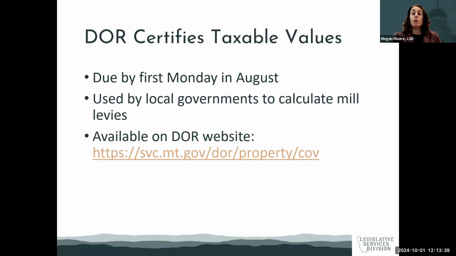And these are due to each taxing jurisdiction by the first Monday in August, and they use this amount to calculate their mill levies based on the dollars of revenue that they need to raise based on their budgets. And these taxable values are available on the Department of Revenue's website at this link. As I said, these slides will be made available so you can access the links.